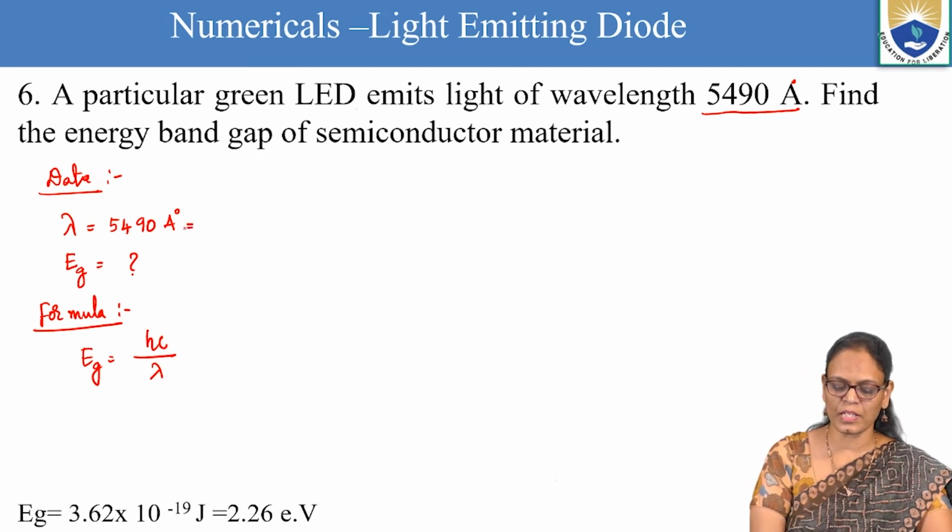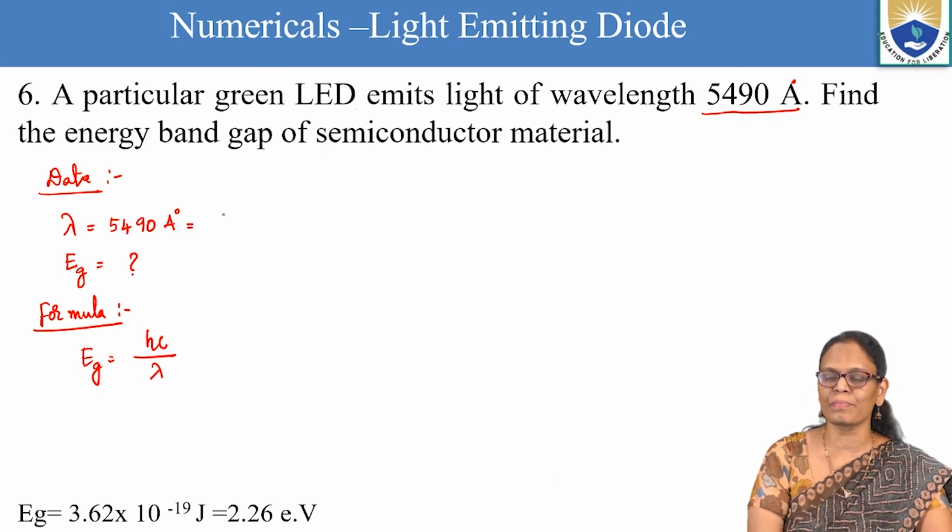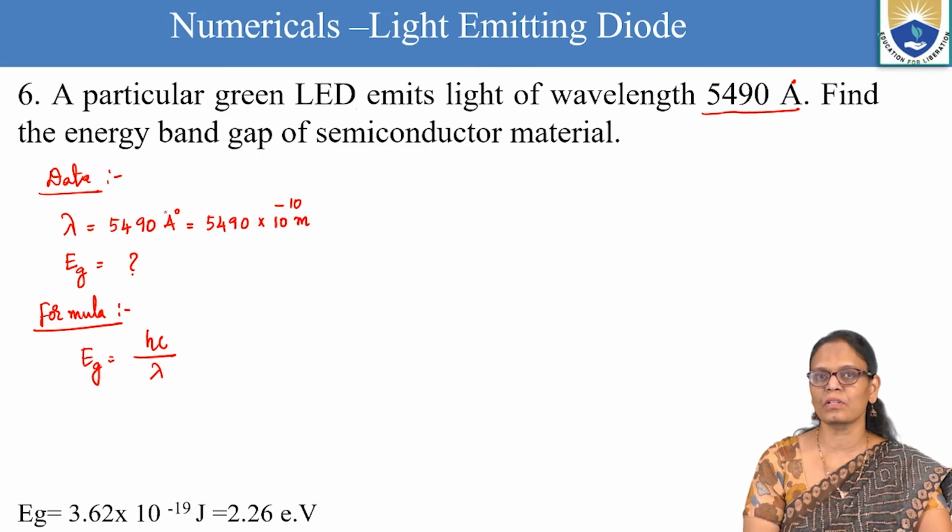We will convert this wavelength into meters. So what is the conversion? 1 angstrom is 10 power minus 10 meters. So the wavelength now will be 5490 into 10 power minus 10 meter.